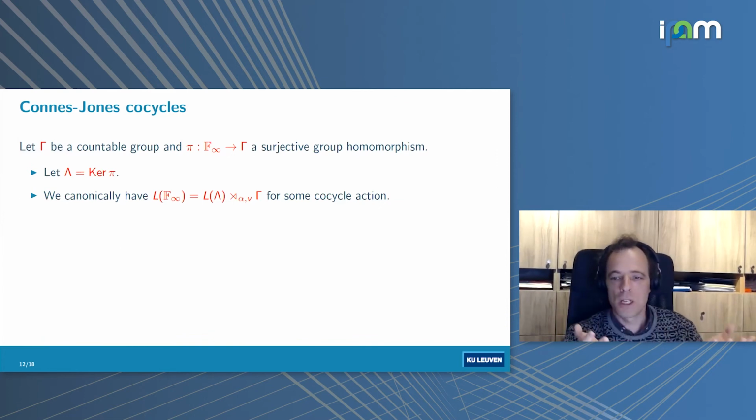There is a totally obvious and canonical construction of cocycle actions due to Connes and Jones. It's really mimicking the cocycle from the group theoretic context.